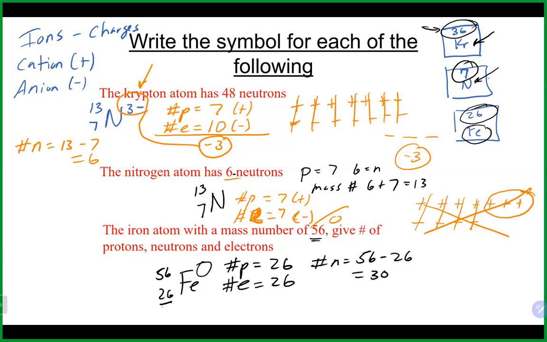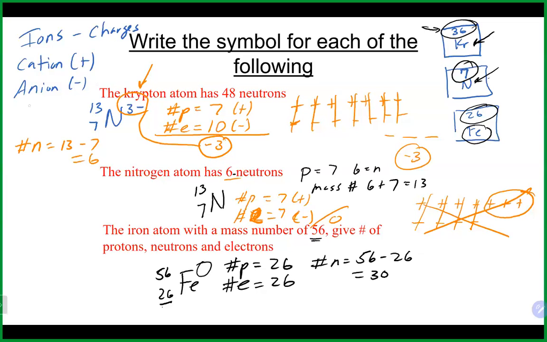The number you see on the charge is how many electrons it gained. So it has a -3 charge: it gained 3 more electrons than it had in its neutral state. When you see a negative charge, it gained electrons, and the number is how many electrons it gained from its neutral self. Any question on that?